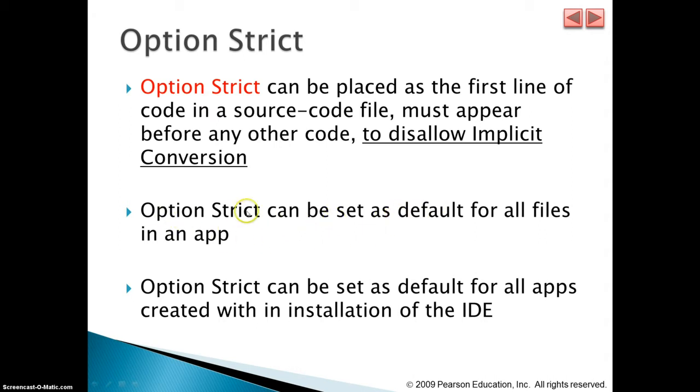You could set your application up so that you don't have to have it in every module, or you can even set your IDE up so that everything you write automatically has option strict. Again, it's not something that we've done before, but it's something to be aware of.